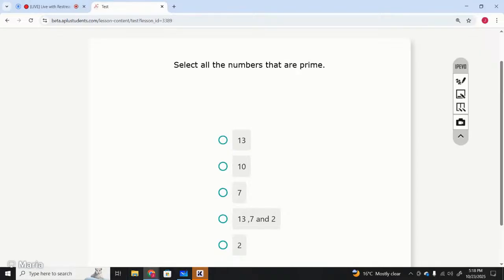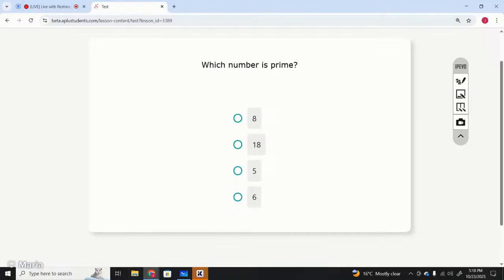Select all the numbers that are prime. So, which of the numbers are prime? That is 13, 7, and 2. They are all prime numbers.